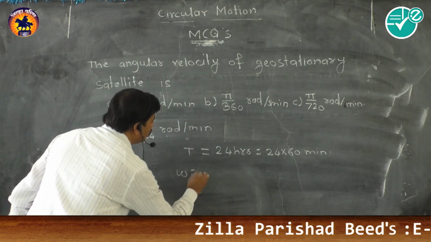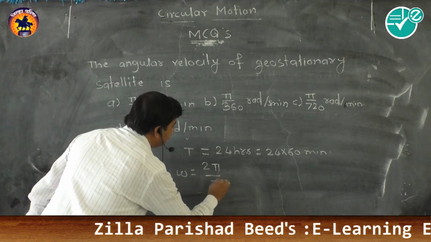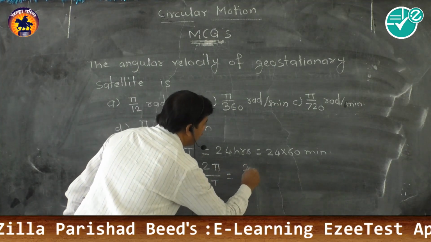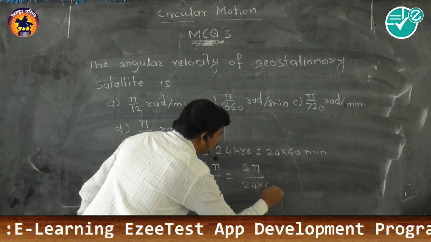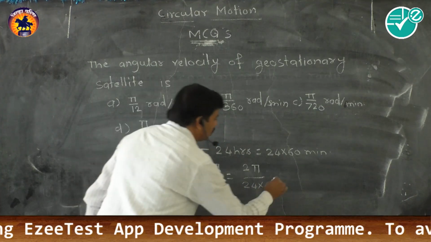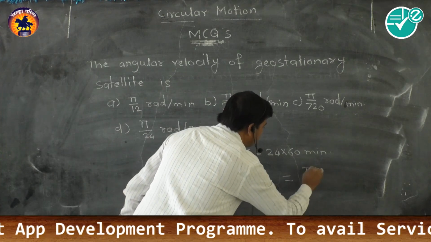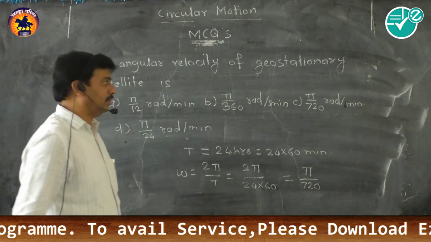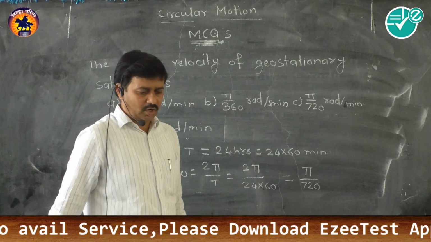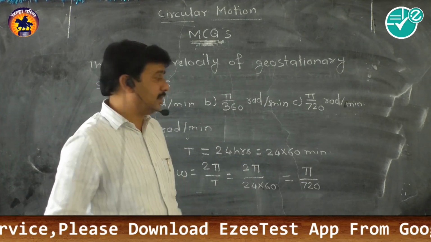Angular velocity is equal to 2 pi by T. So it will be equal to 2 pi by 24 into 60, which is pi by 720 radian per minute. Means option C is the correct one.